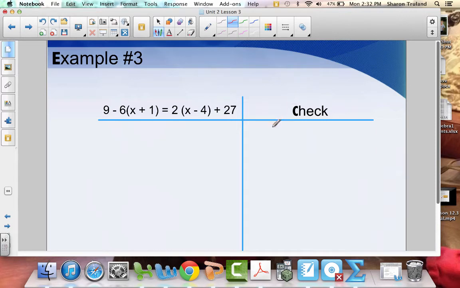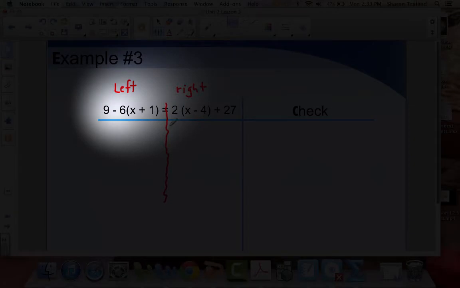All right, example 3. Wow, this is a long one. So let's dissect it bit by bit. I'll throw that old fence down the side here so we can look at the left side and the right side. All right, so first off, I'm going to look at the left side. So what do I see here on the left side? 9 minus 6 times.